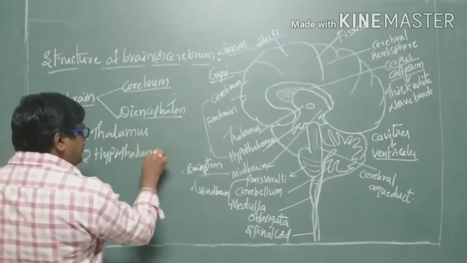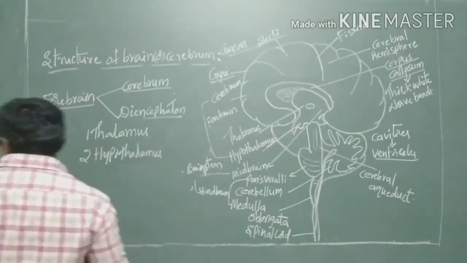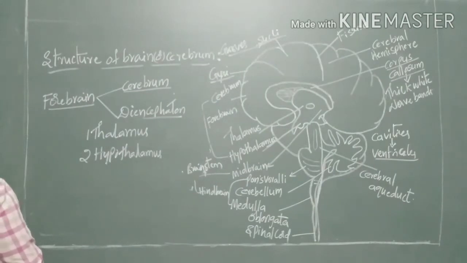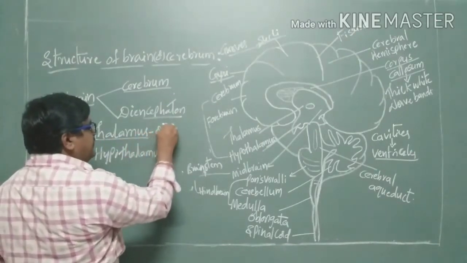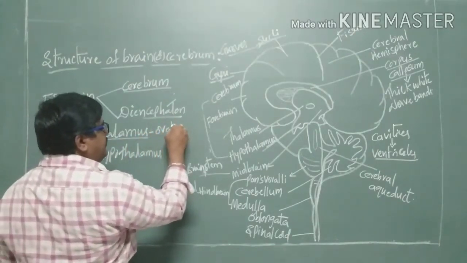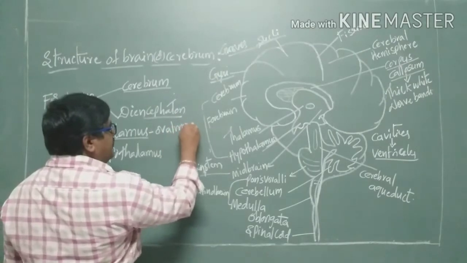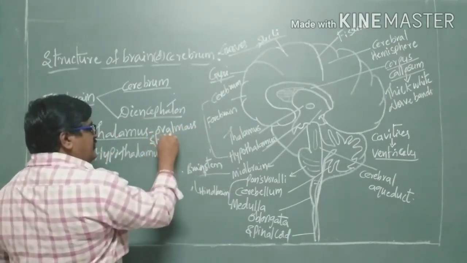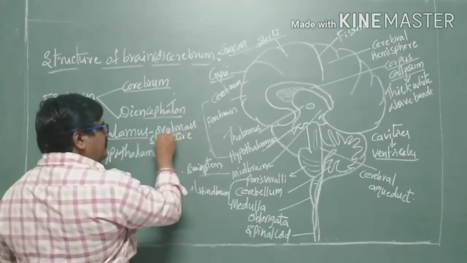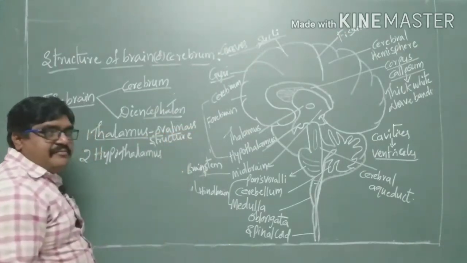The thalamus is an oval, mass-like structure covered by gray matter.